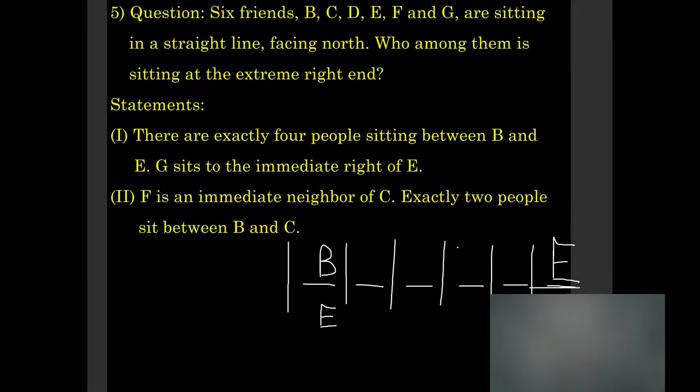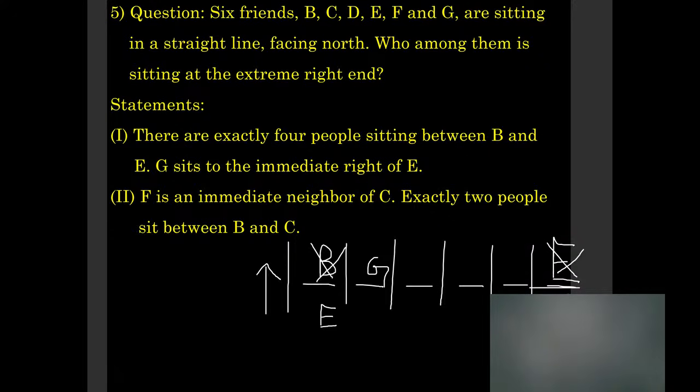Next, G sits to the immediate right of E. As they are facing towards north, to the right of E means you can take G here and E here, so this place comes for B. You can eliminate the other arrangement.